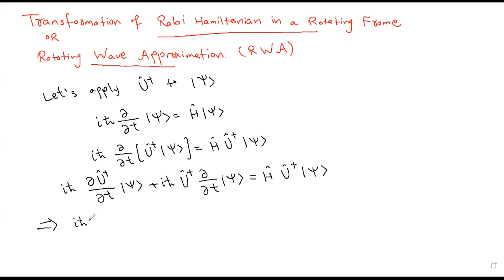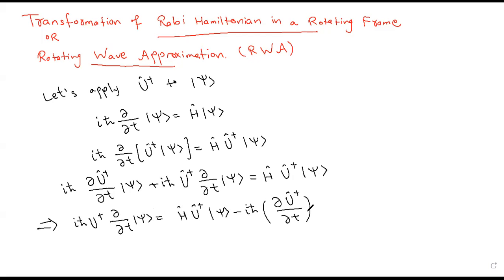iota h bar partial over partial t psi equals H psi minus iota h bar partial U dagger over partial t psi.